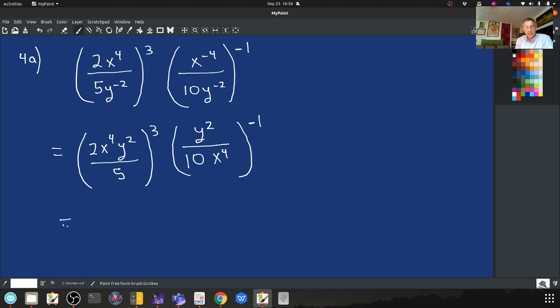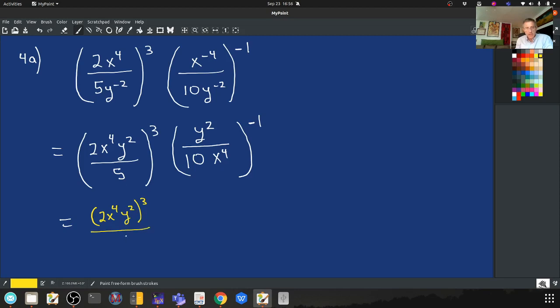Now, what we need to do is apply our exponent, the quotient rule. So the quotient rule requires that I write the numerator, the product of a quotient rule, in parentheses and cube it.